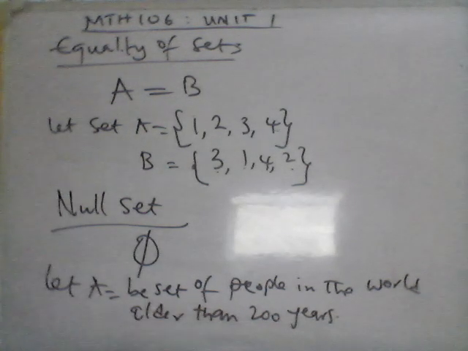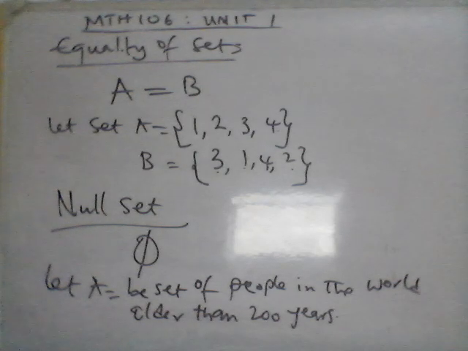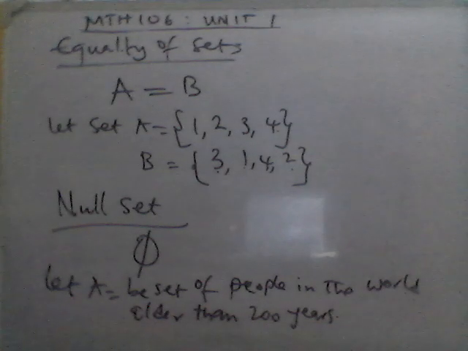Do we have people like that in the world? 200 years old? I don't know, no statistics like that. So this set is a null set. According to statistics, we don't have anyone, even in the Guinness Book of Records, who is alive up to 200 years. So we just looked at null sets and equality of sets.